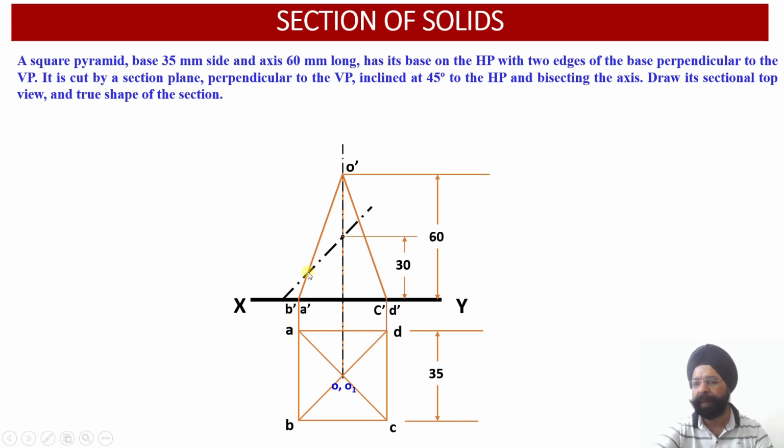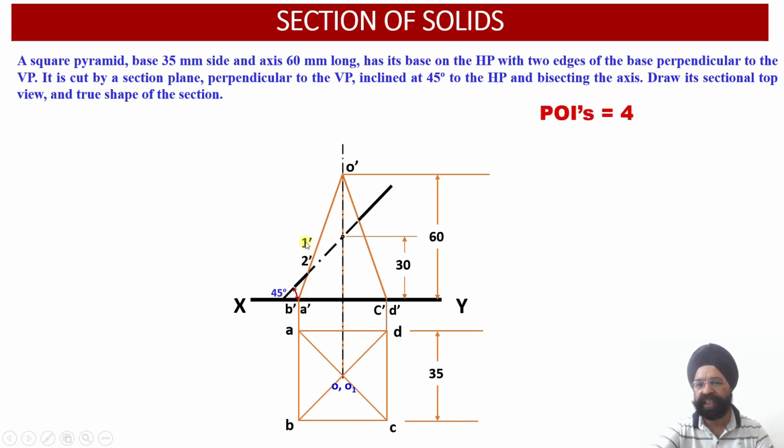So this cutting plane cuts all the 4 slant edges over there, thereby yielding 4 points of intersection. You see, 2 points of intersection will be lying on this projector line, and 2 points of intersection will be lying on this projector line. So we are going to name these POIs as 1 dash, 2 dash over here.